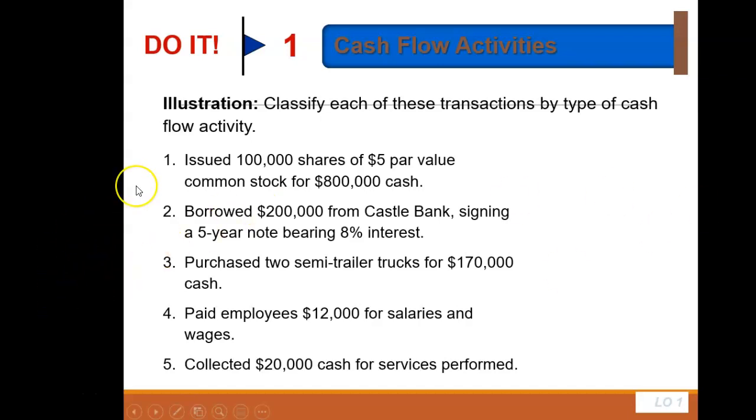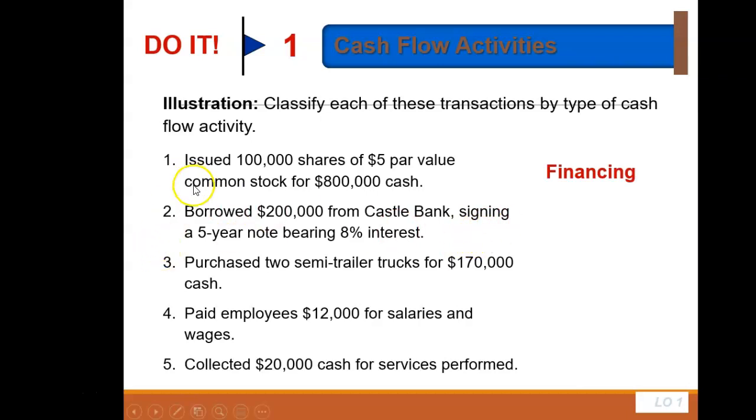Number 1 says, we issued 100,000 shares of $5 par value common stock for $800,000 cash. Would this qualify as an operating activity, an investing activity, or a financing activity? If you said financing, you would be correct.